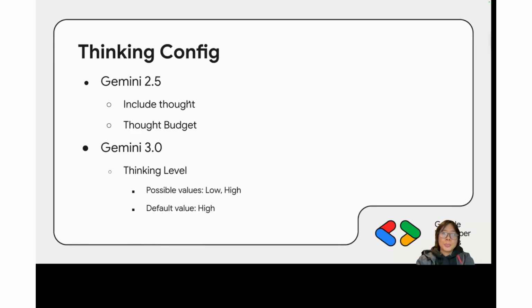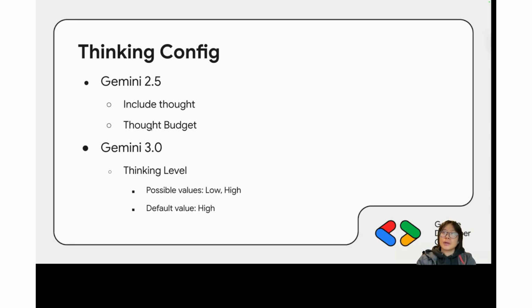So in Gemini 2.5, thinking config was introduced, and this configuration has at least these properties, like include thoughts, which is a Boolean that tells the model to provide thought summaries or not.